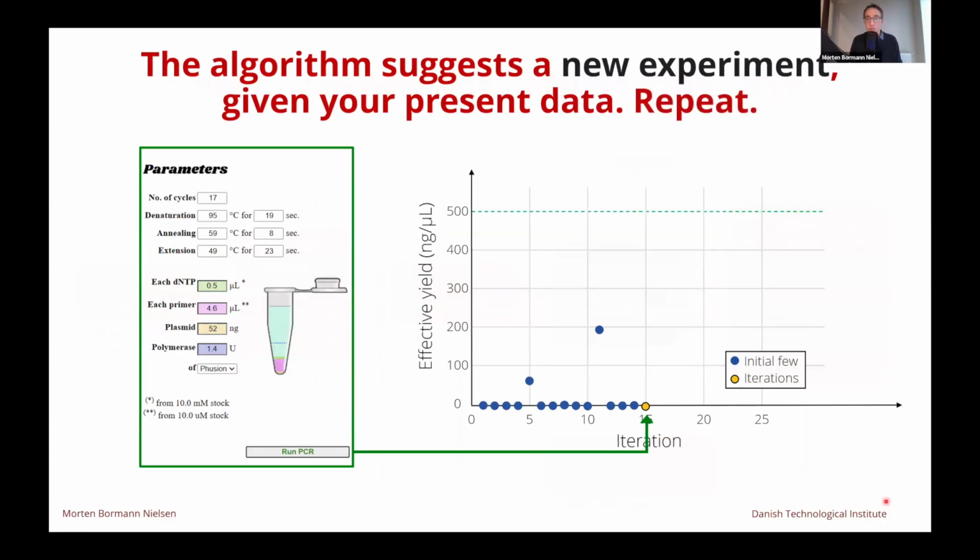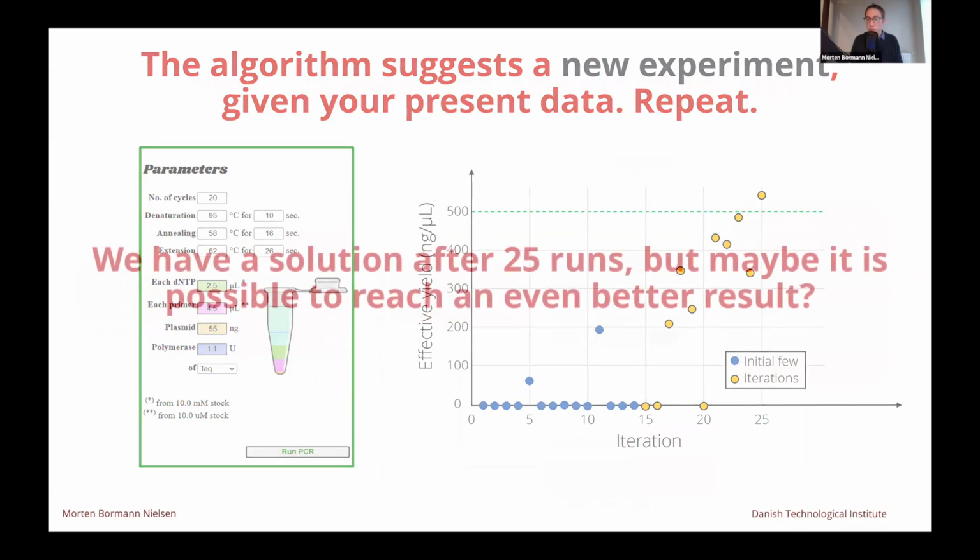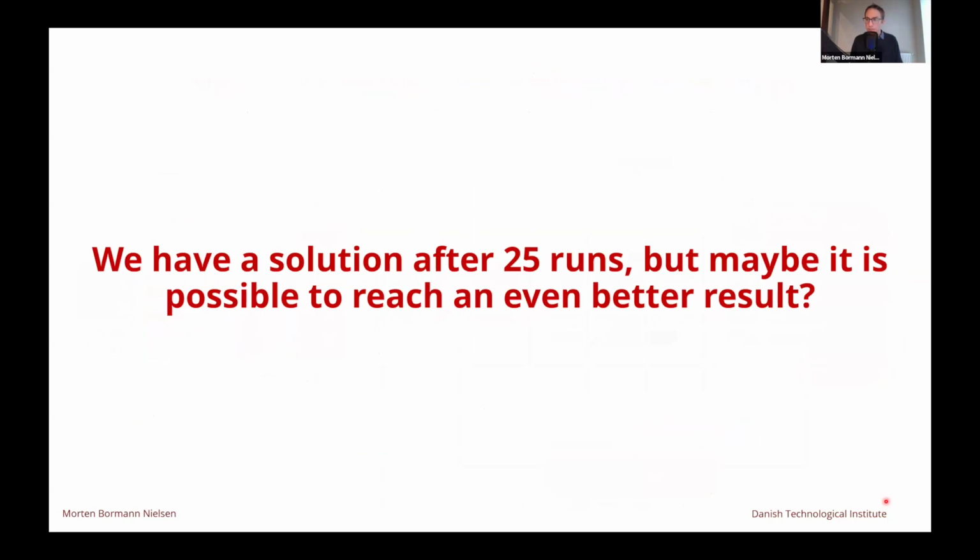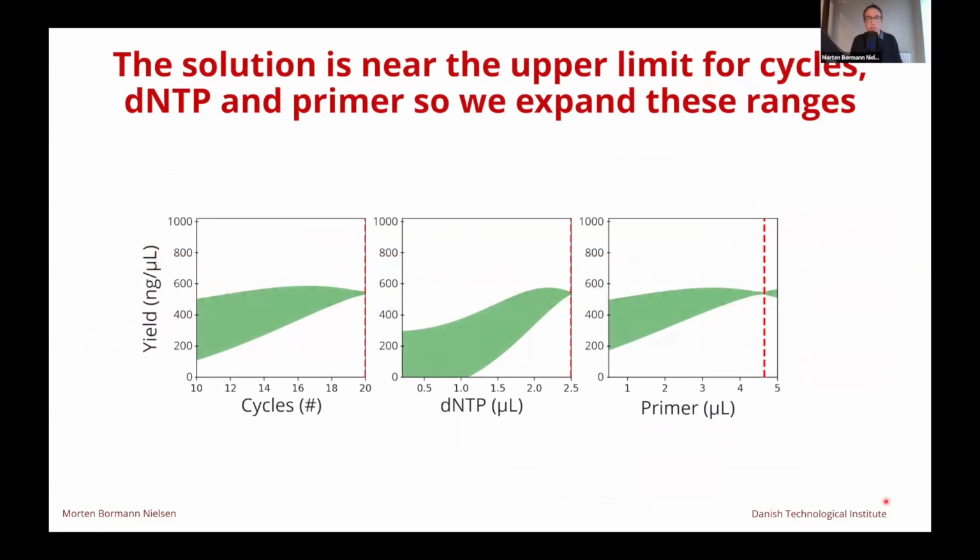So this is what the first one looks like. And then iteratively, we will just add more and more information until, in this case, after 25 runs, we reach a yield of above 500. So we could in principle stop here, but maybe we should also look at what each of these settings do at this stage.